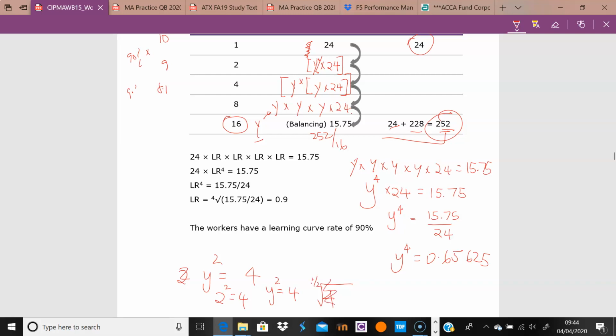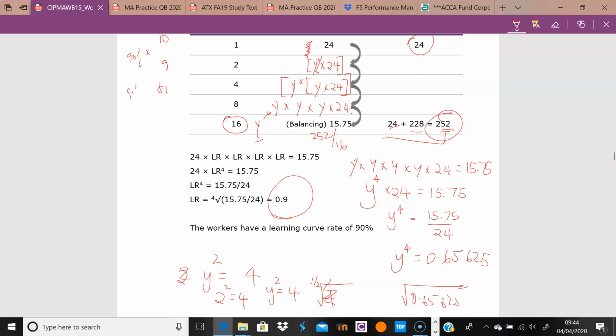I would like to show you on a calculator, but I probably need to find a screen that has one, and I can't. You just need to find your way of finding the fourth root of 0.65625, and you will get 0.9.